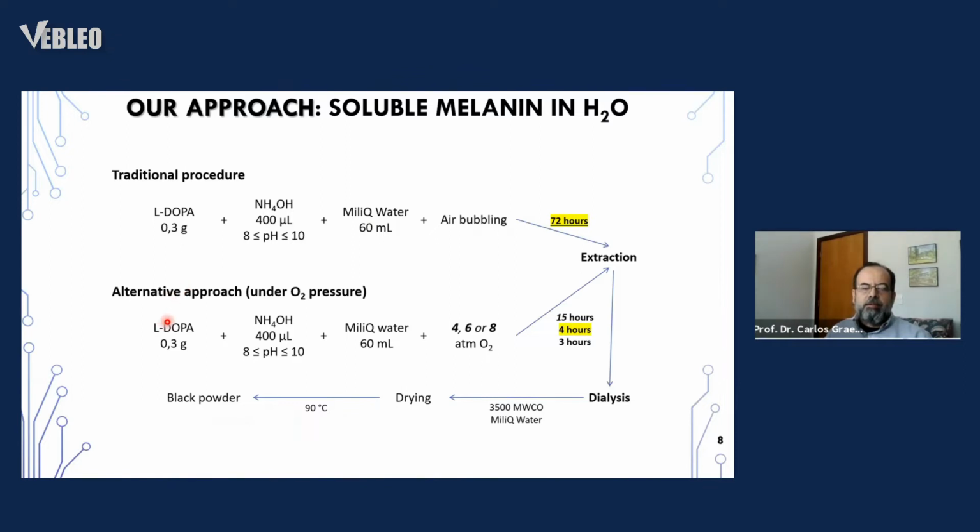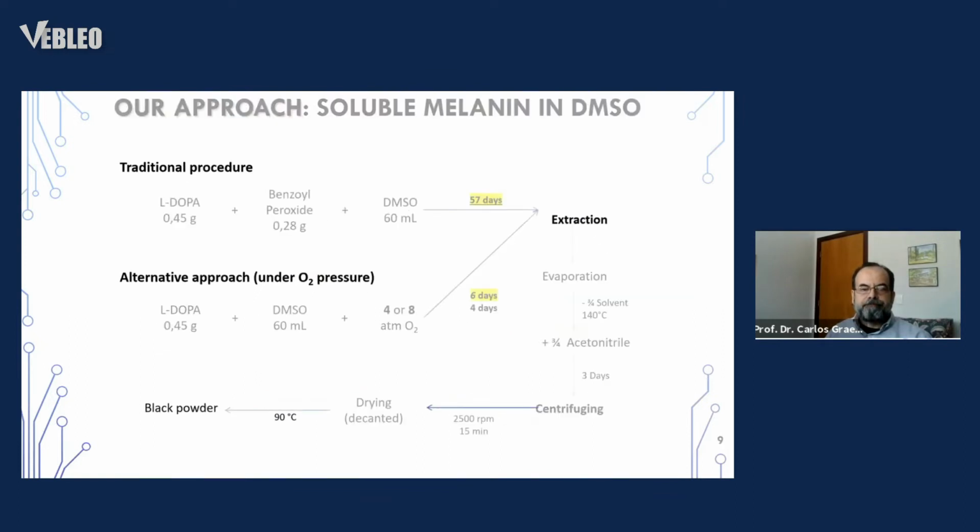So one of the synthesis approaches we tried was to make this synthesis faster. We did it under oxygen pressure in a pressure vessel, and then we could make the synthesis much faster, down to 3 hours, and it changes the functions of melanin a little bit.